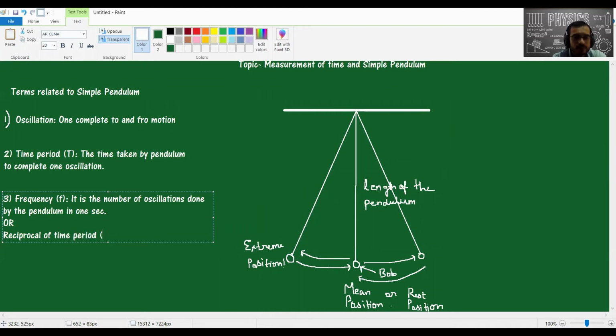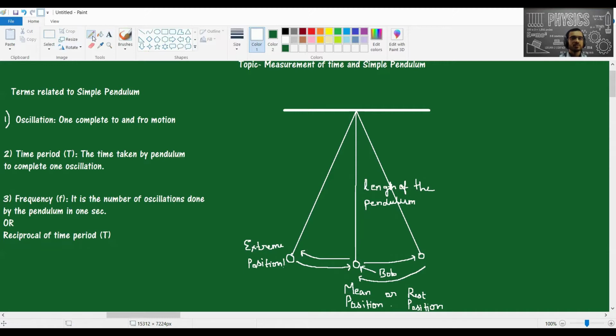Here, this is frequency of oscillation. So here we can write the formula as f is equal to 1 upon T.